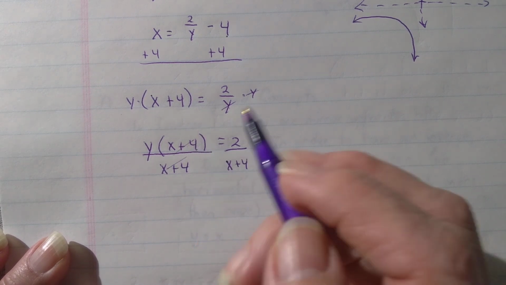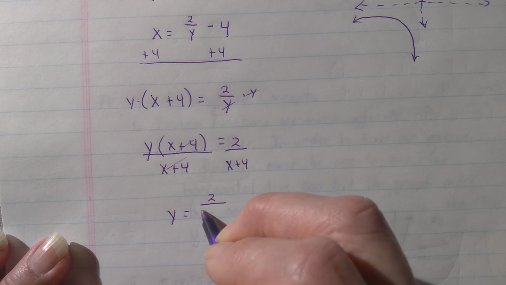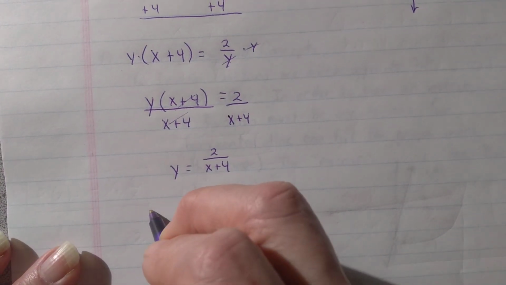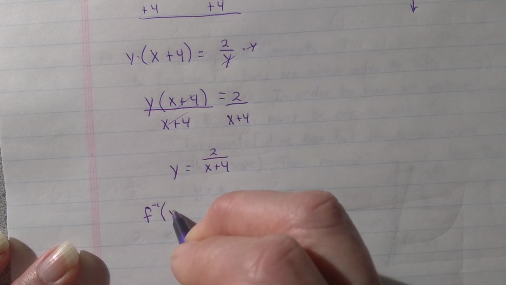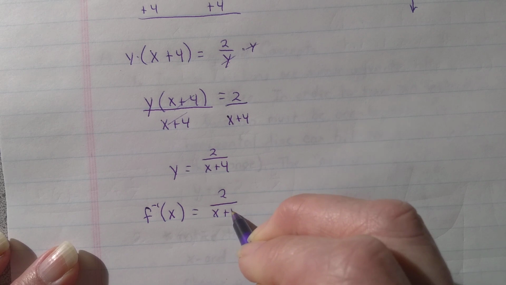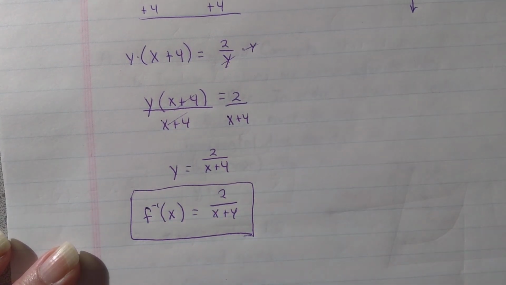So these cancel, and I have y is equal to 2 over x plus 4. There is my inverse. So here I am writing out that I have an inverse, and the inverse is this, and I have my answer.